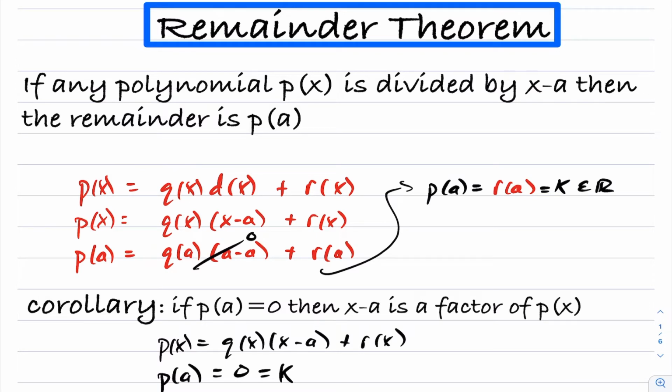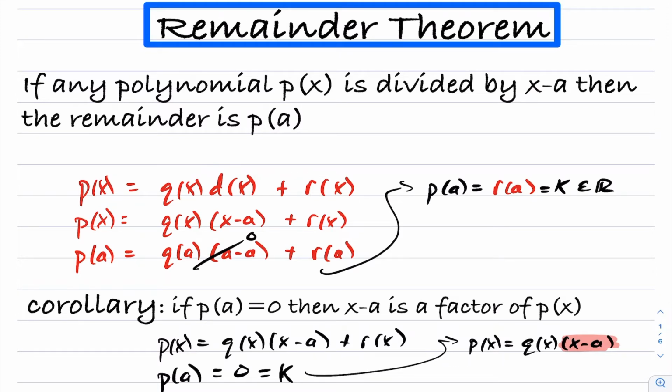And if that's the case, that means that your polynomial p(x) decomposes into its quotient times x minus a. So you can see fairly easily that x minus a is a factor of our polynomial p(x).